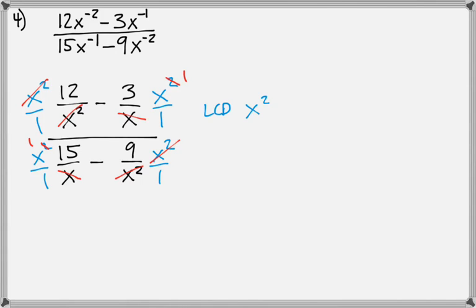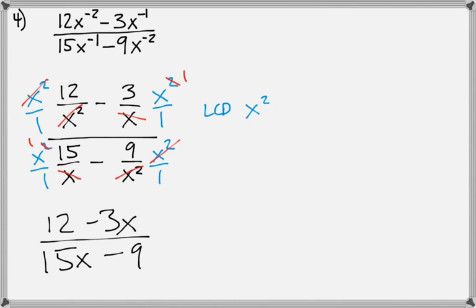And that's going to leave me with 12 minus 3x over 15x minus 9. Again, there's no fractions left except for the main fraction bar.